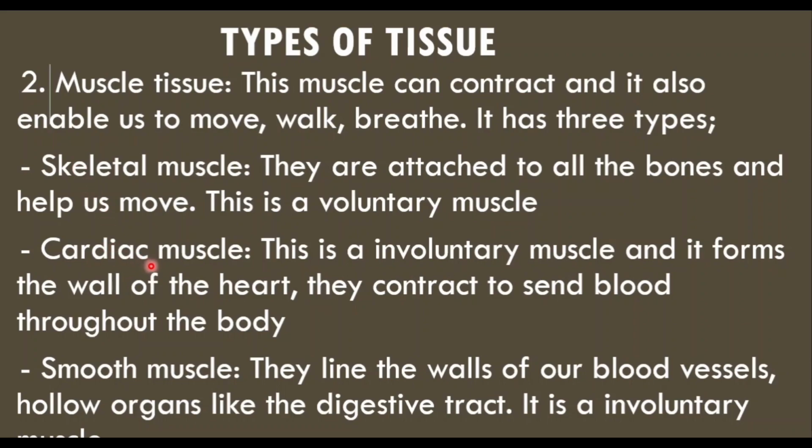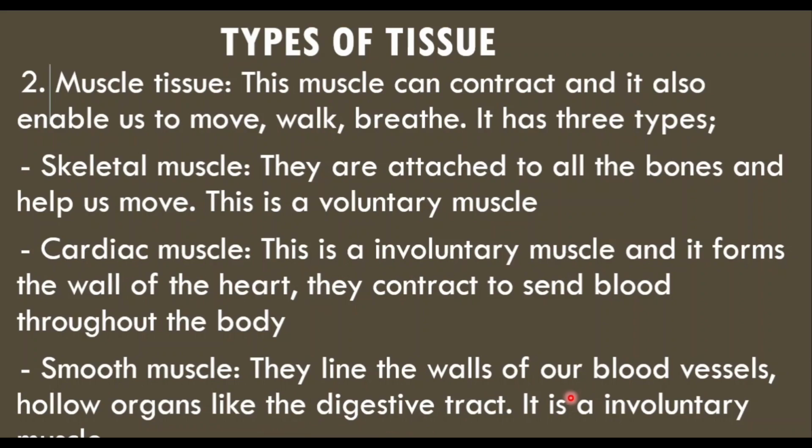While cardiac muscles are found in the walls of the heart, they are the muscles that contract and relax to pump blood throughout our body. It's an involuntary muscle, and that is necessary because you don't want to have to think to pump blood throughout the body. So it works on its own without you knowing. While smooth muscles line the walls of our blood vessels and our tracts, like the digestive tract.